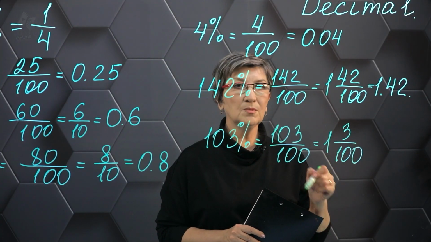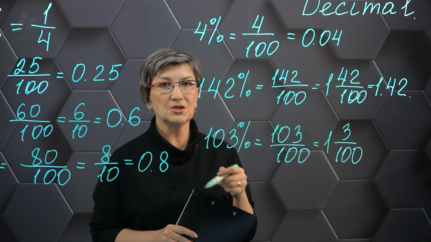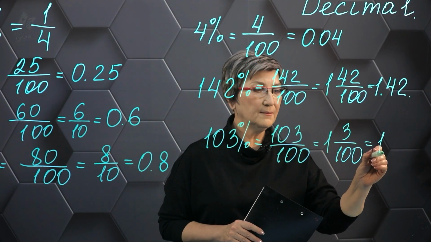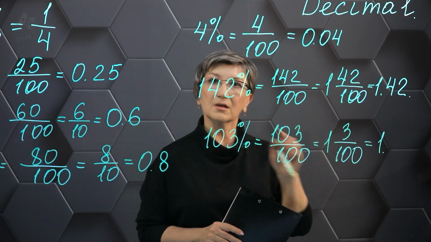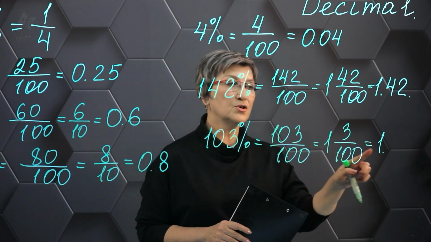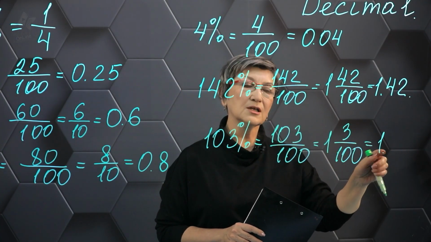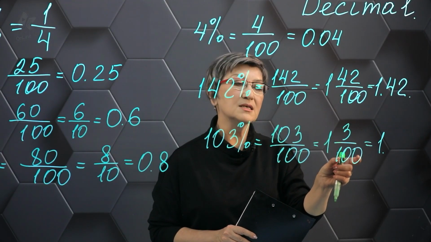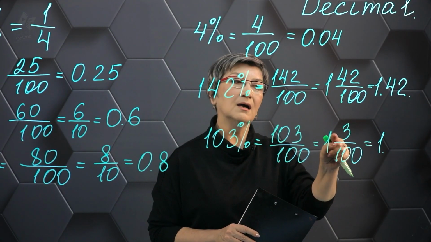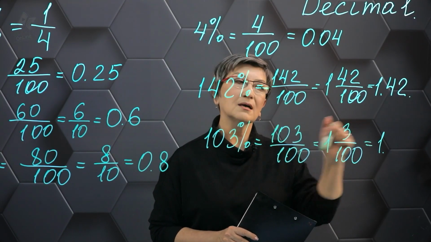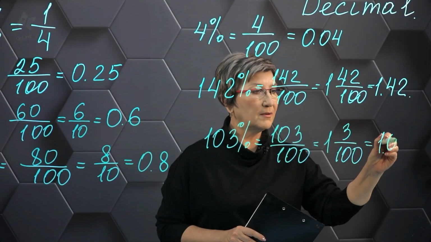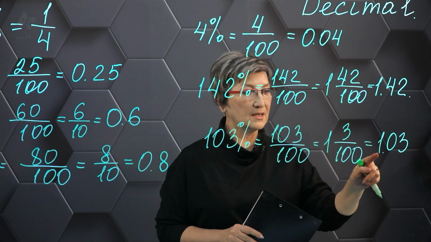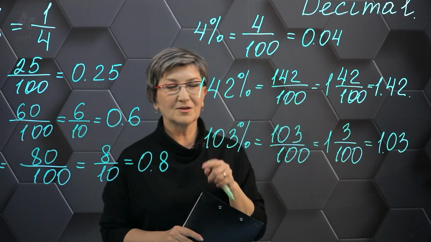And then we can write that number as a decimal number. So that's 1.03. Be careful. After the decimal point there must be as many digits as the number of zeros in the denominator, and we have 2 zeros in the denominator, and in the numerator we only have 1 digit. So I'm going to add a 0 and write 3. The result is 1.03.